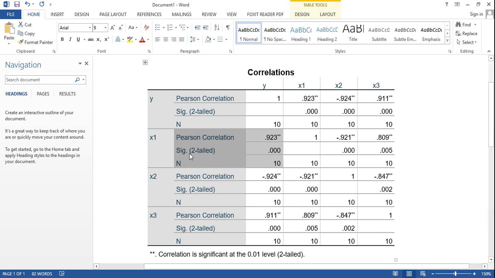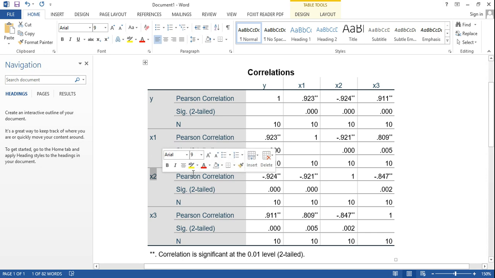And from the significance or p-value, we see this correlation is statistically significant. So the final conclusion is that y and x1 are correlated and their relationship is strongly positive, and their relationship is also statistically significant.